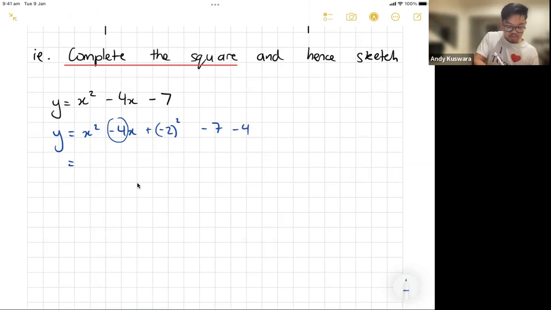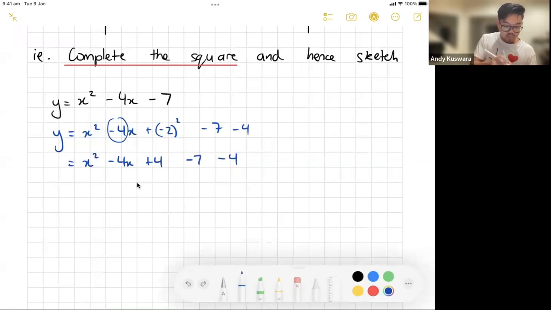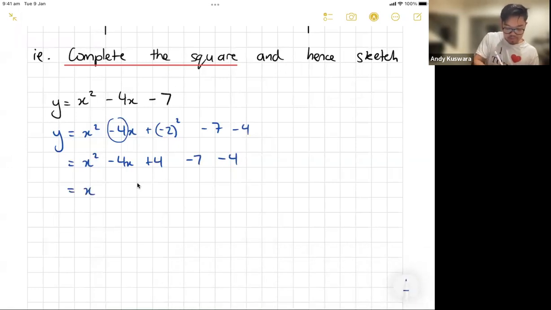So this becomes x squared minus 4x plus 4, and then I have the minus 7 minus 4. In essence, that just cancels out, but we're not going to do that because we need it to complete the square. So that becomes (x minus 2) squared, that section there, and then I'm left with a minus 11.